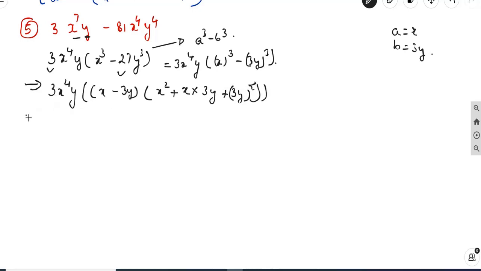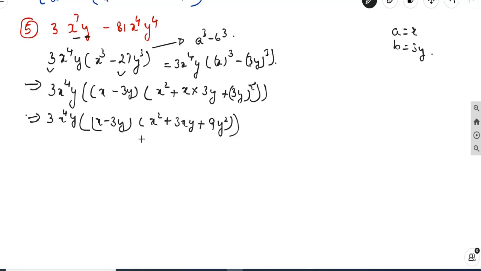So this becomes 3x, 4y. Okay, so this becomes x minus 3y, one bracket, and one more bracket is x square plus 3xy plus 9y square. Okay, so this is the solution for this problem.